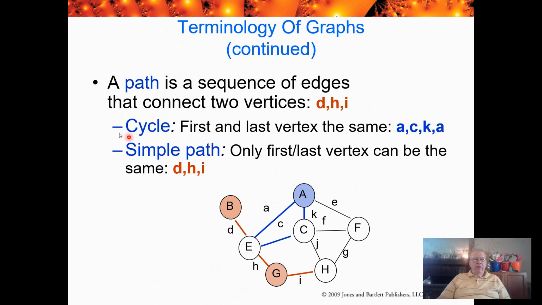So we have the same terminology. A path is a sequence of edges from one vertex to another. So from B to H, one path is DHI, the edge is DHI. A cycle has the same first and last vertex.